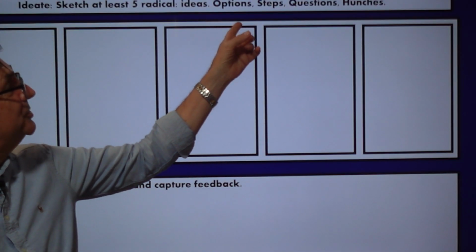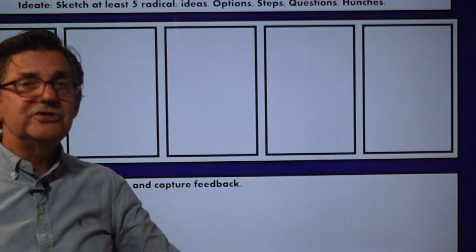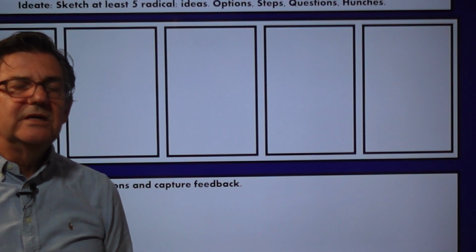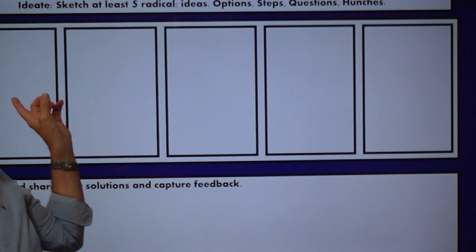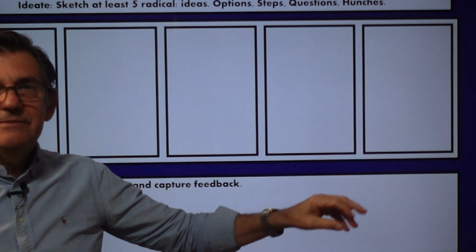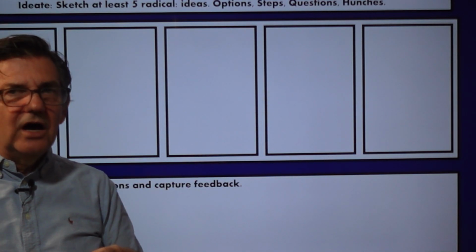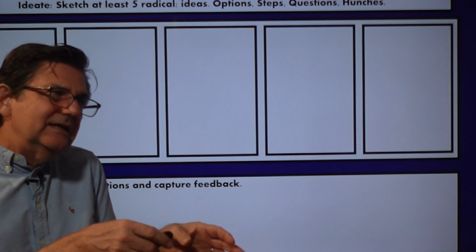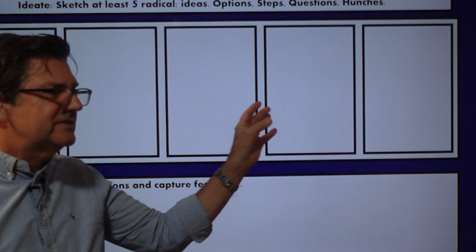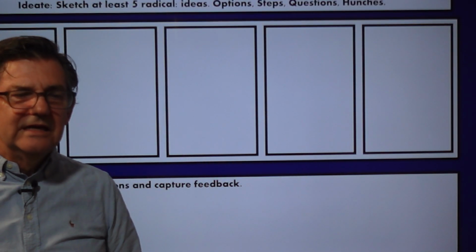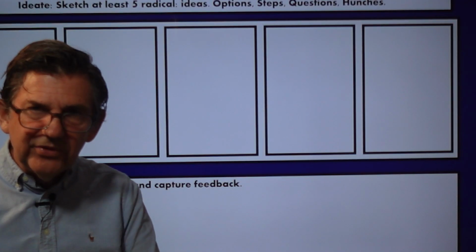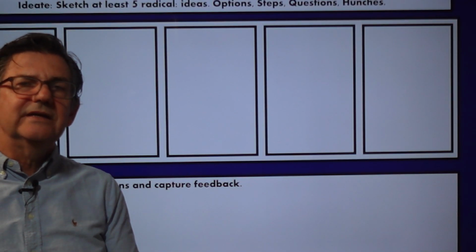So it might be options, it might be steps, it might be questions, it might be hunches. To me, if we just start, words, pictures, images, drawings, I like the fact that it's iterative. Some people use this as a process as well. It just helps us do something, and it helps bring things to life.